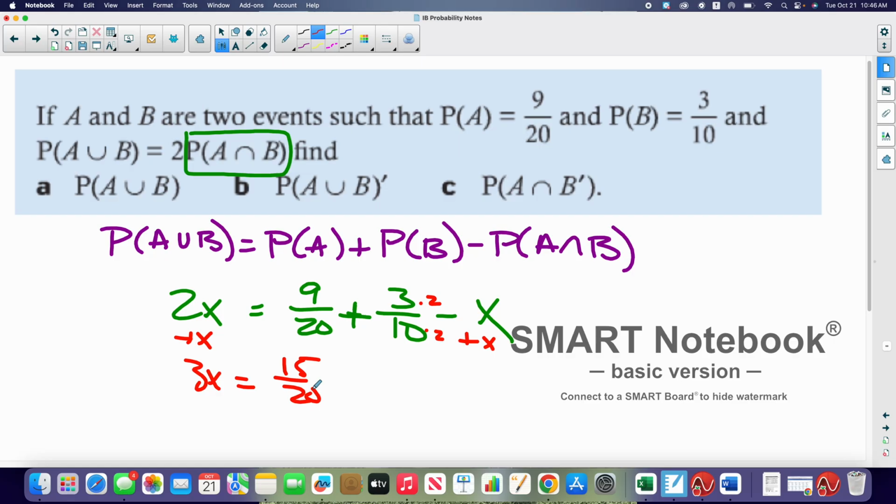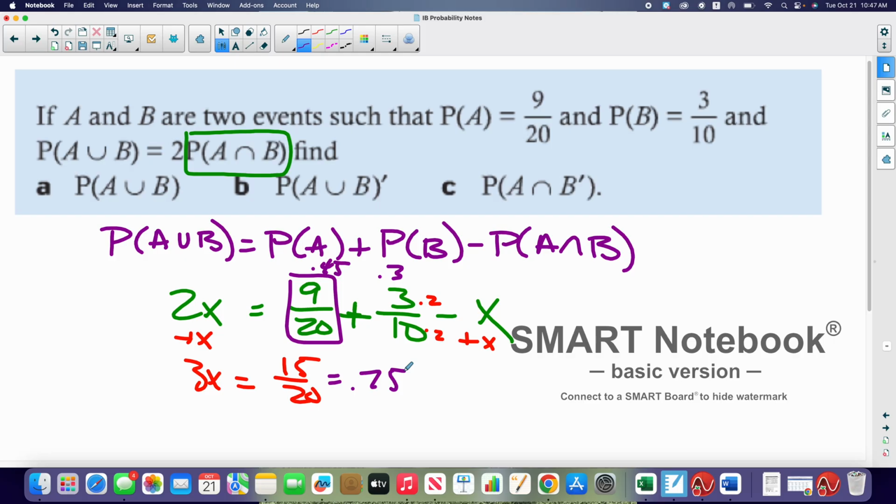Or some of you are going, I don't want to deal with fractions, and you might say this is 0.45. That's what 9 divided by 20 is. This is 3/10, which is just 0.3. I can add that together and say that is 0.75. I don't care. You could use decimals. You could use fractions. Now, to tell you the truth, which of these would you rather divide by 3? The fraction.